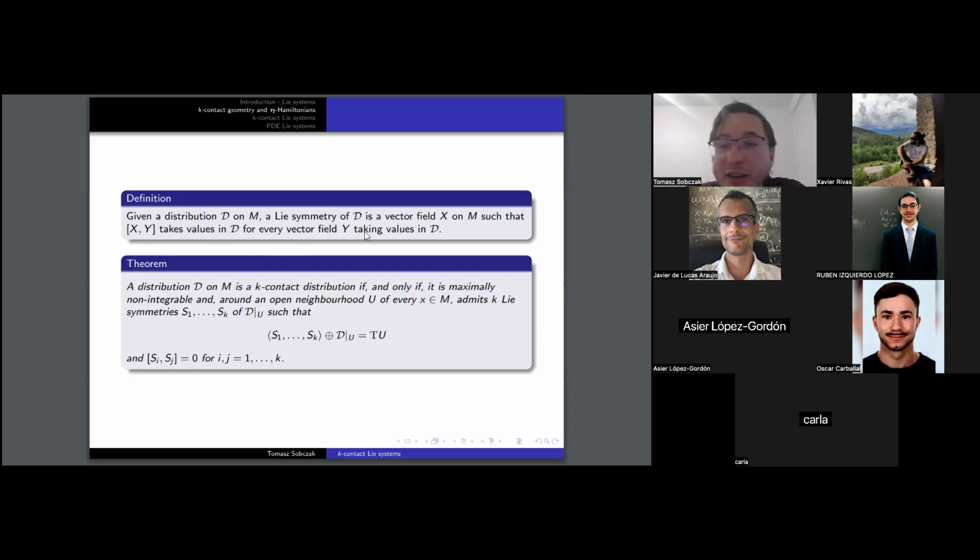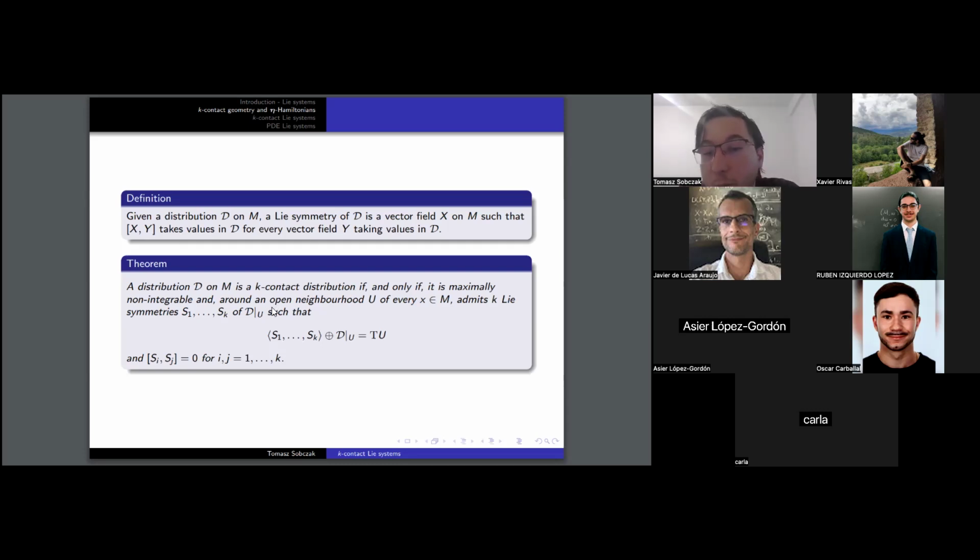With this definition, it can be proved that the distribution D on M is a K-contact distribution if and only if it is maximally non-integrable, as before, and around an open neighborhood U, it admits K Lie symmetries S1 to Sk such that this decomposition holds. Once again, this is maybe a technical point, but an important one, because now we are operating on K-contact distributions, not the K-contact form, so it doesn't have to be globally defined.